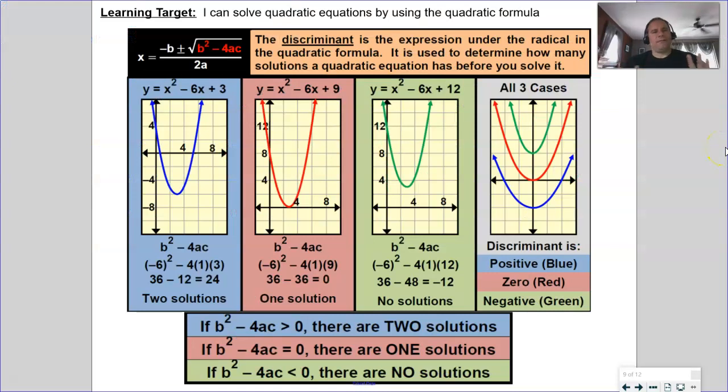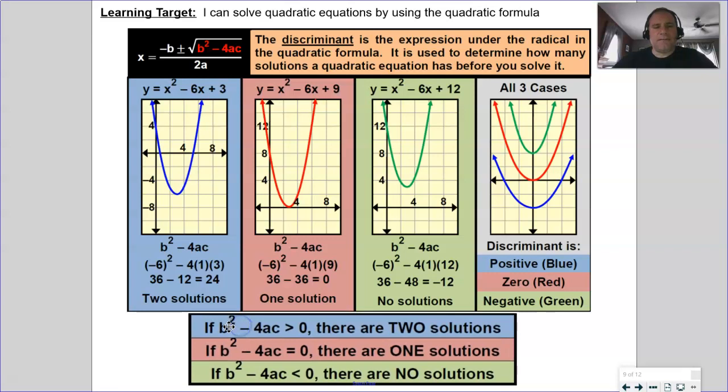And before I go any further, let me explain. Let's look down here together. So we have b squared minus 4 times a times c. If that number is greater than 0, you have two solutions. If that number is equal to 0, you have just one solution.